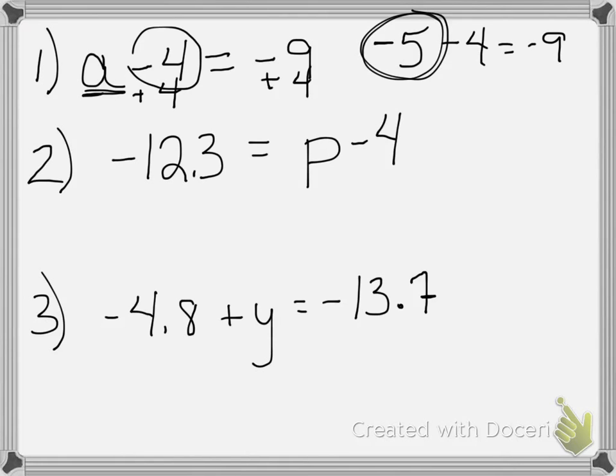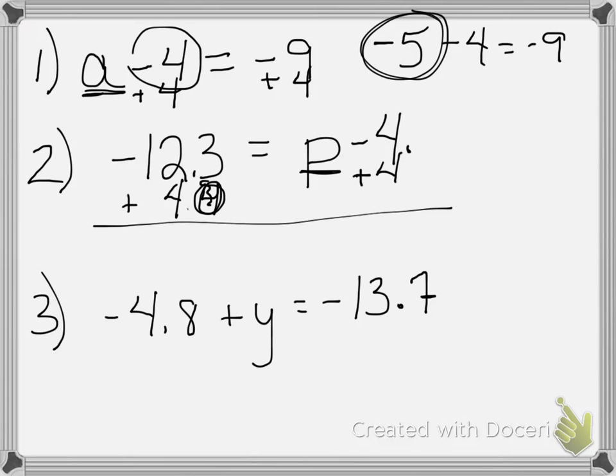For number 2, I want to get P all by itself. So once again, I have minus 4, so the inverse operation is going to be to add 4. And once again, I have different signs, so I know I'm going to subtract. I shouldn't have lined that up under there; I should have lined it up under here. Oops, I forgot to put that 0.3 on there.